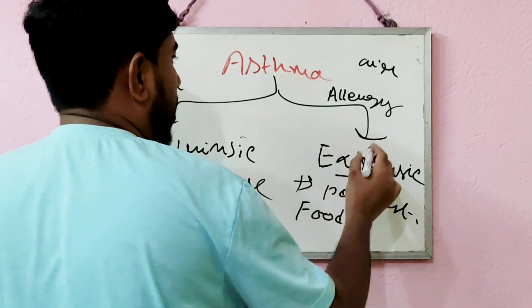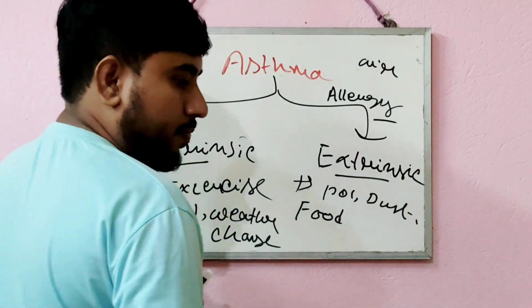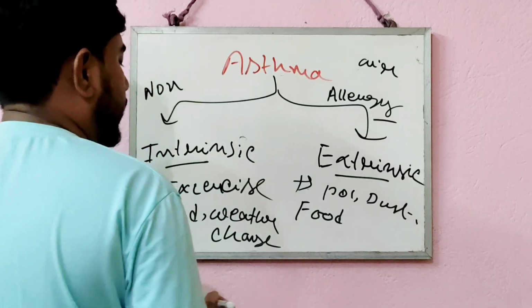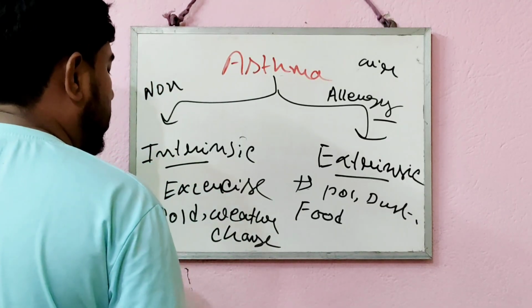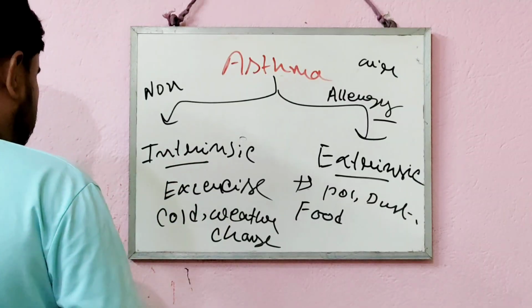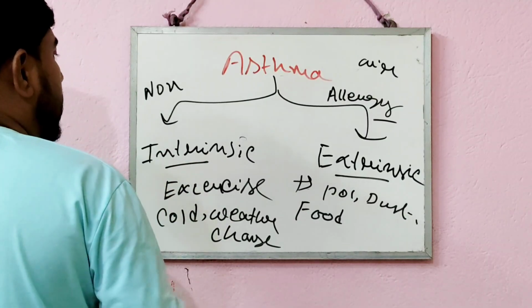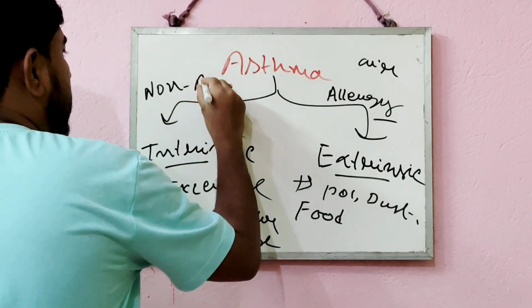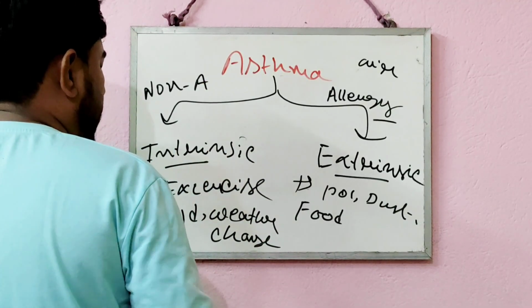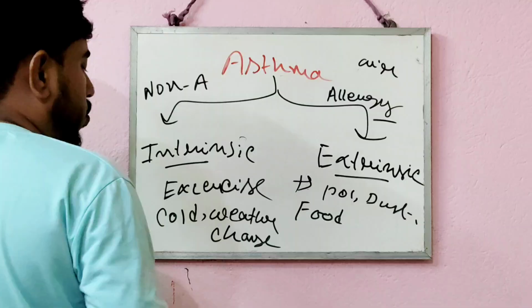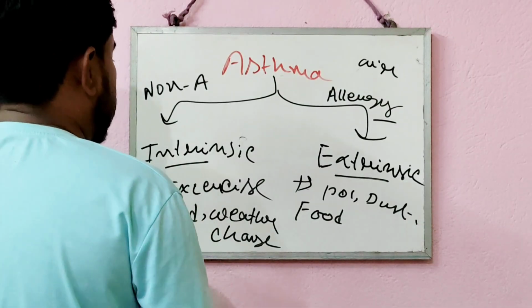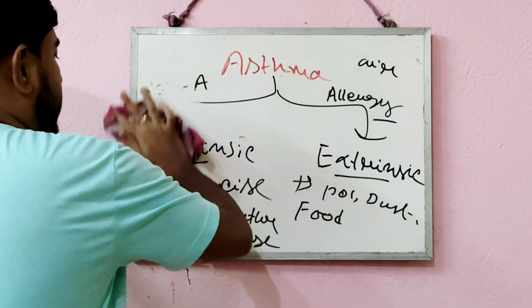Extrinsic asthma is triggered by different allergic factors like food, dust, pollen grains and other foreign particles that generally enter our body through inhalation in the respiratory tract. Intrinsic asthma is generally triggered by different non-allergic reasons like excess exercise or cold weather, which can also lead to breathlessness or asthma.